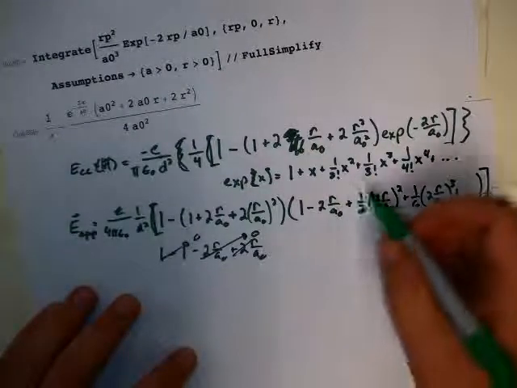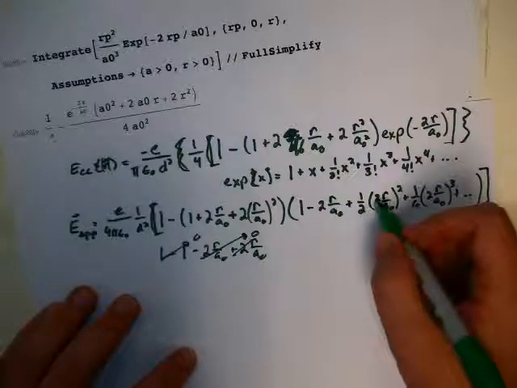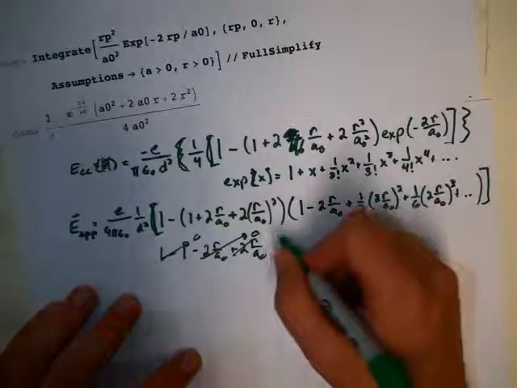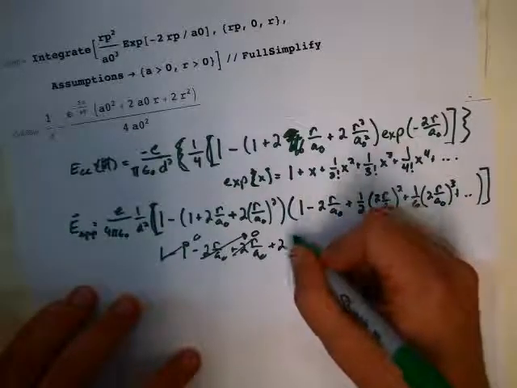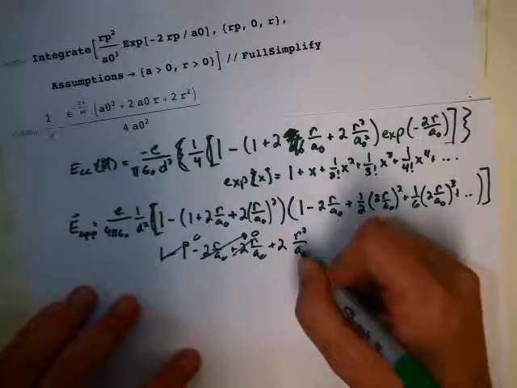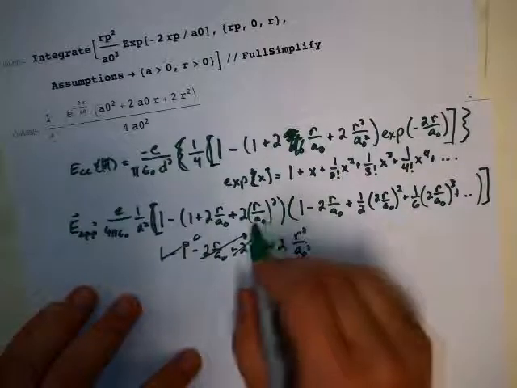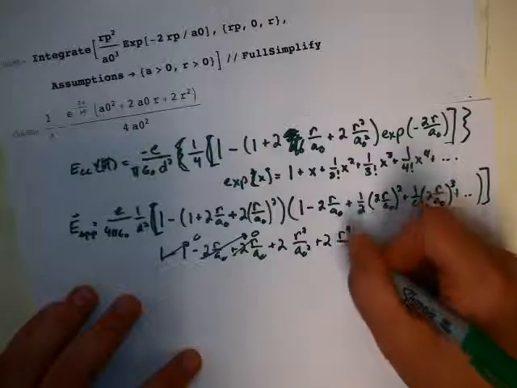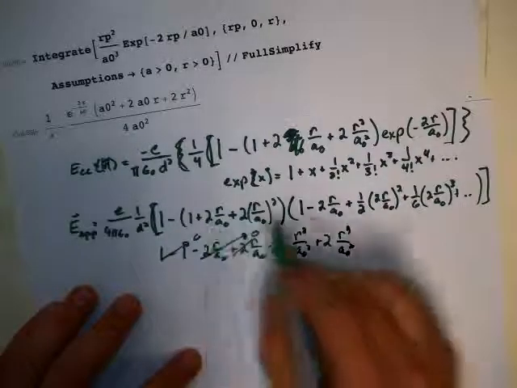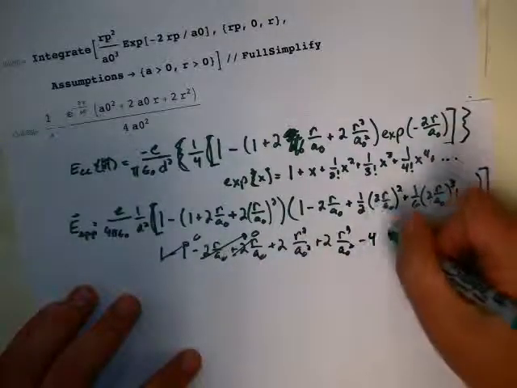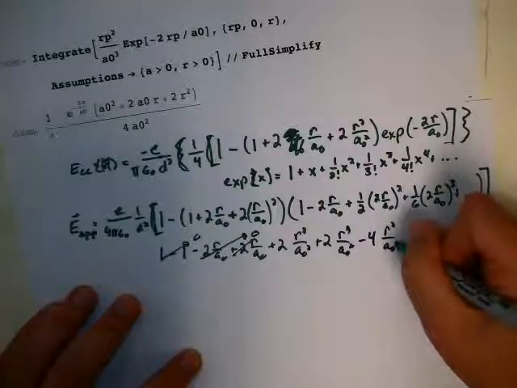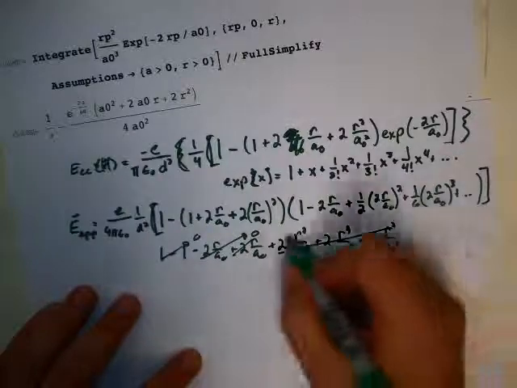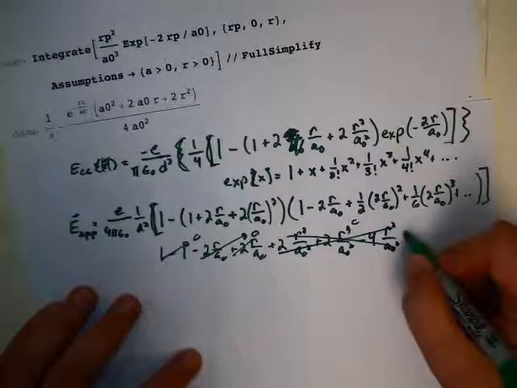This is a 1/2, 2 squared, so that's going to be plus 2 r squared over a naught squared, and then 1 times this one will be plus 2 r squared over a naught squared, and then this one times this one will be minus 4 r squared over a naught squared. So these plus 2, plus 2, minus 4 again are going to cancel.